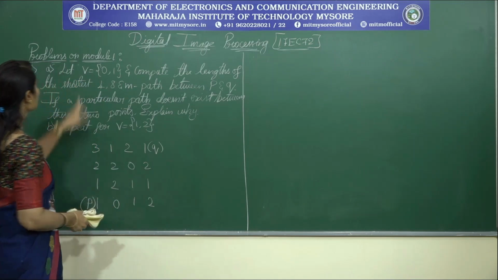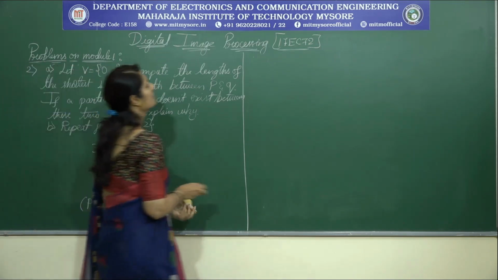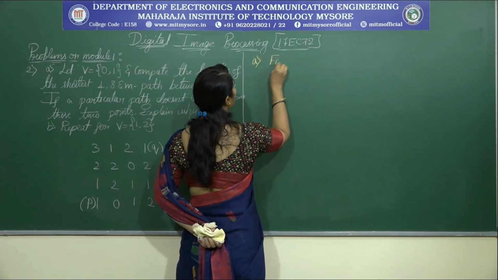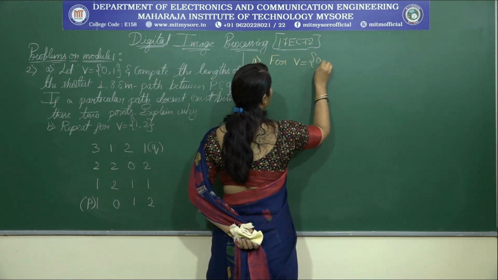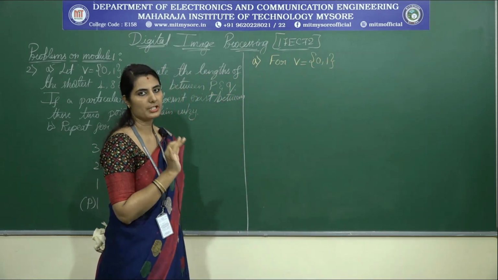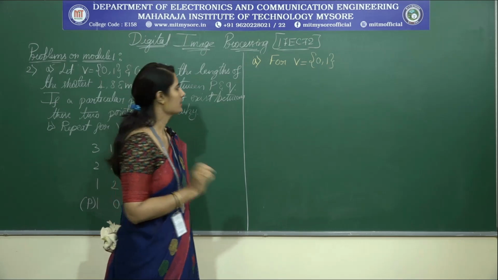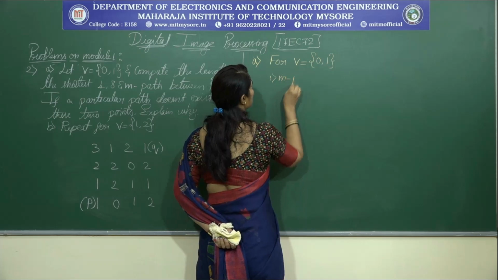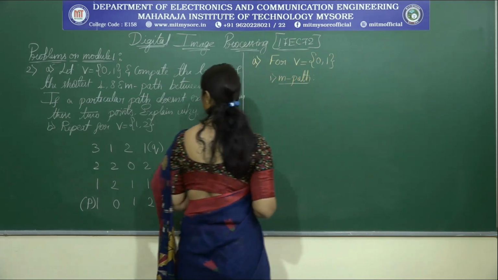So now let me consider case 1, for V equal to {0, 1}. For V equal to {0, 1}, I should check for M path, 8 path and 4 path, right? So first let me check for M path. I should check whether an M path exists here.